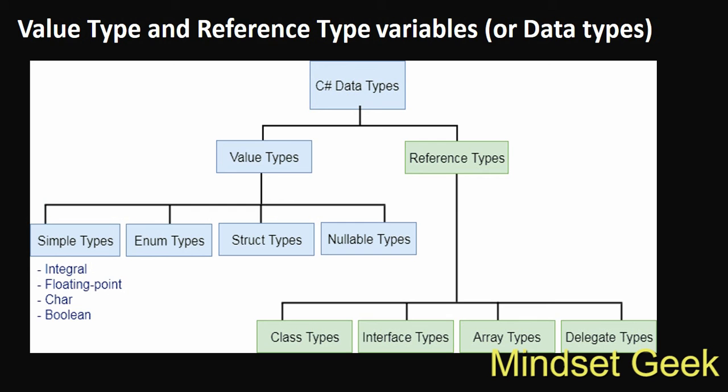I think you have some idea about what is value type, what is reference type, how to access value type data, and how to access reference type data. We said value type is fast, and reference type is a bit slower than value type.